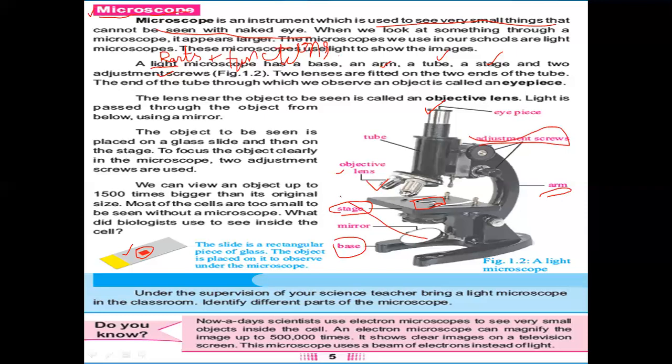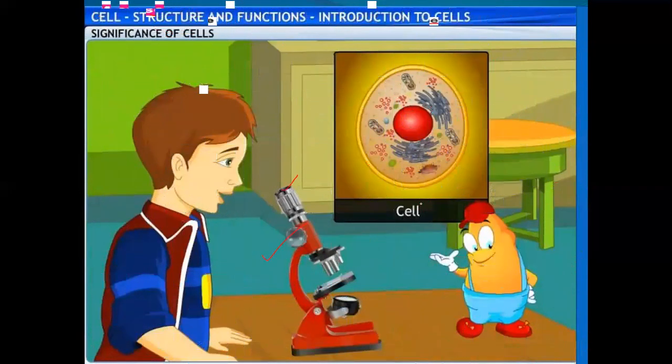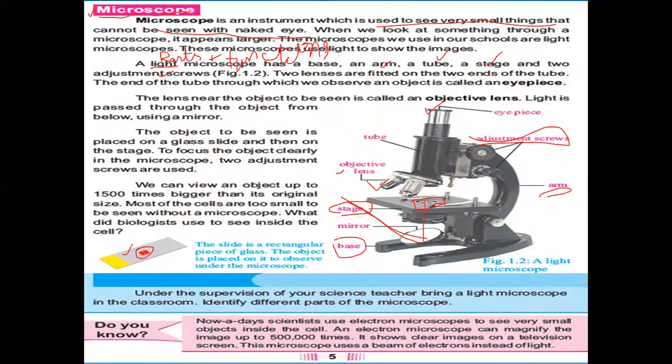The light comes from any source. It reflects on the mirror and passes through the object and then through the lens, and we can see it from here with our eyes.